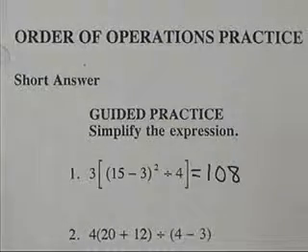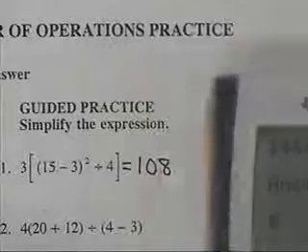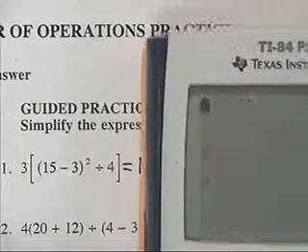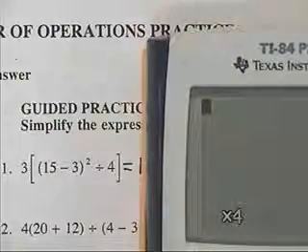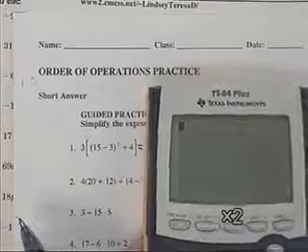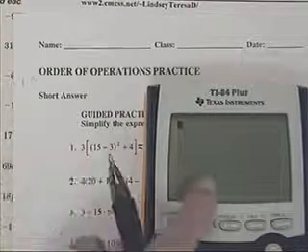Now I want to look at how we are going to put that in the calculator. So I want you to be able to see my calculator screen. I'm going to zoom out just a little bit so that you can see my calculator screen. And I'm going to put all of this directly into the calculator.